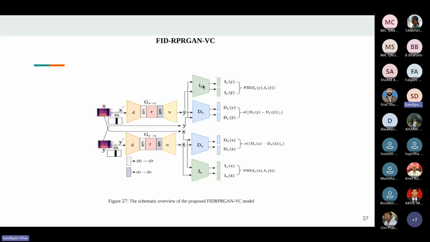The generator's basic objective is to reduce the FID score so that it can generate a mel spectrogram more similar to the target one. And then we have also used another relativistic discriminator. How it works: it initially finds the L1 distance between the two embeddings, then does the normalization using the sigmoid function, and the lesser the value, the more similar the embeddings are.